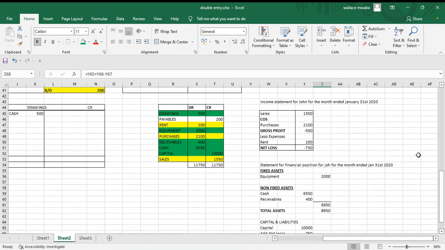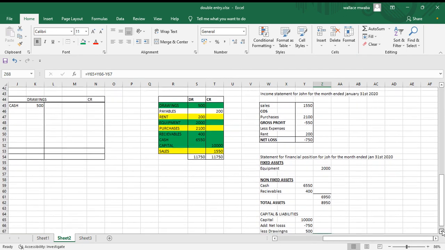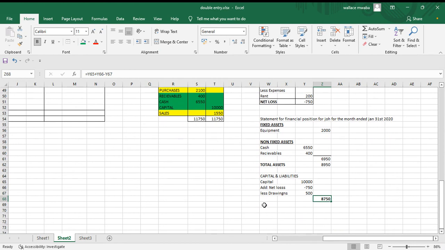And then finally, we have our payables 200, which are our liabilities. Current liabilities. Liabilities are what we owe.